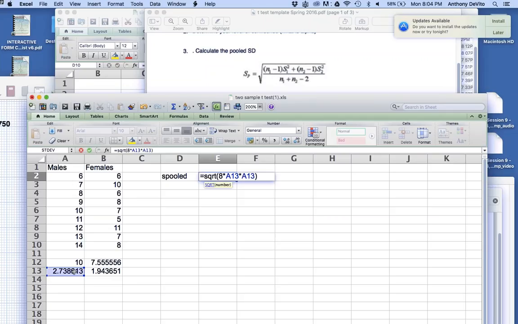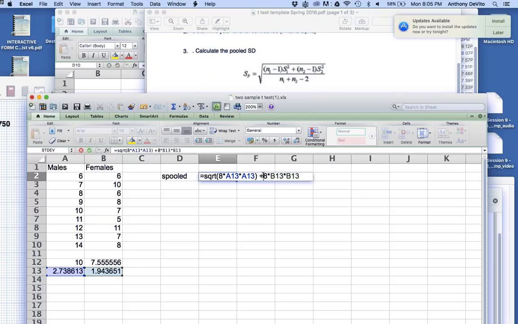Okay, plus n2 minus 1, which is 8 again, same sample size as it happens, times the standard deviation for group 2, which is females, squared. Standard deviation times itself is squared.